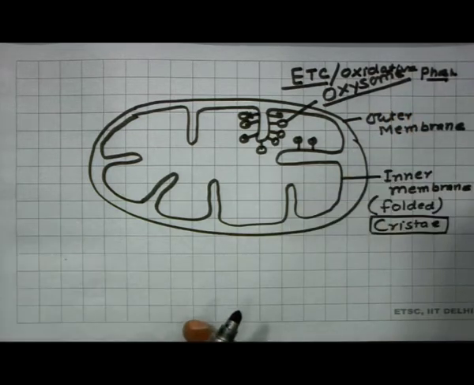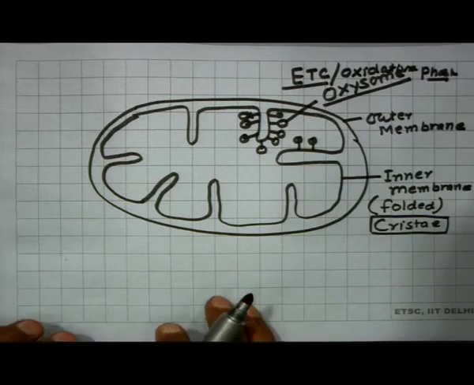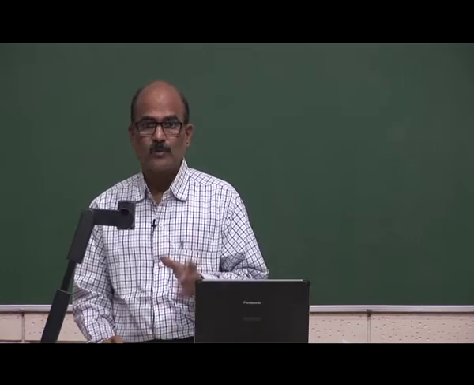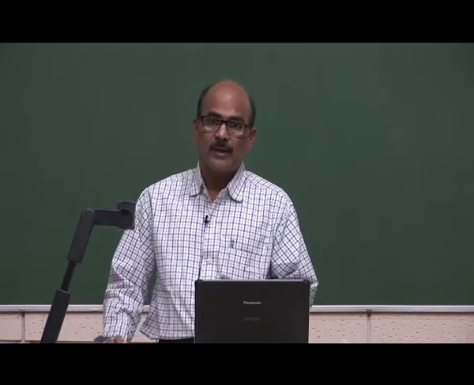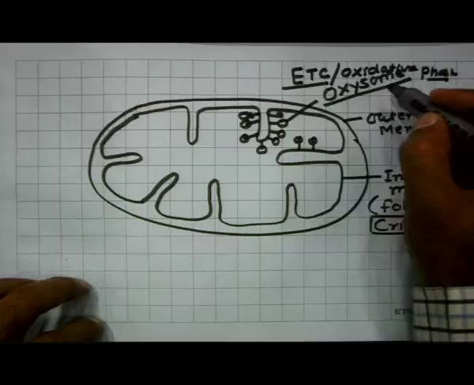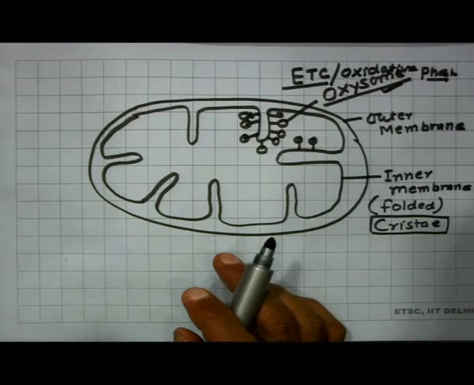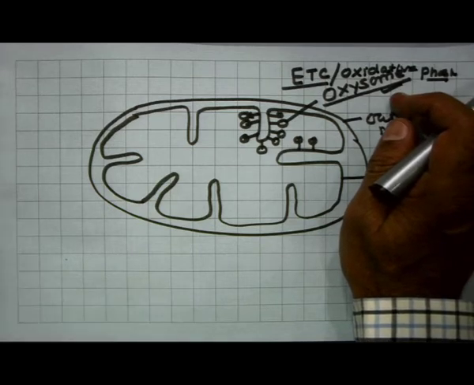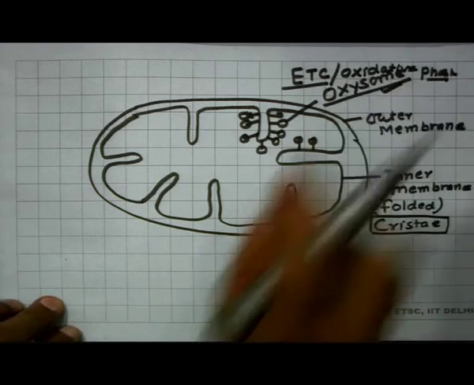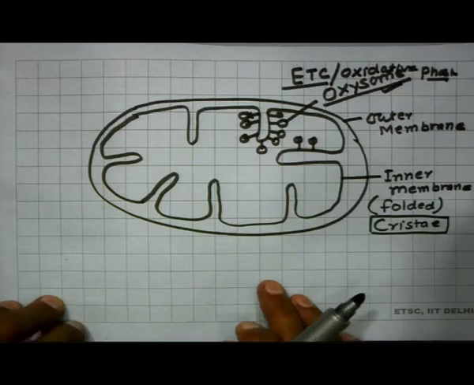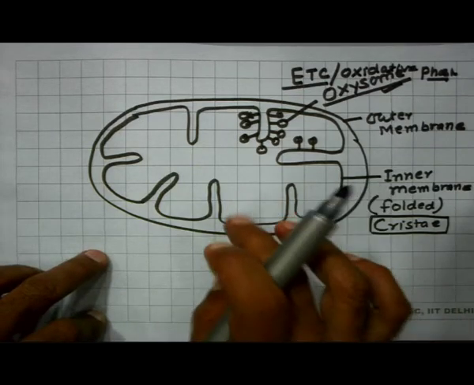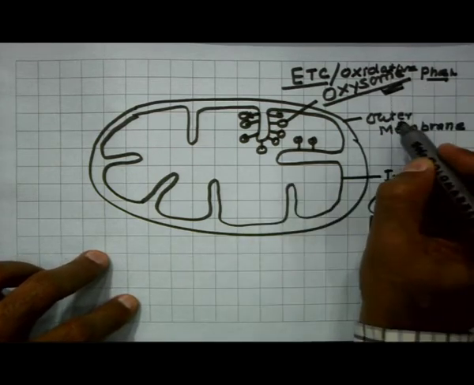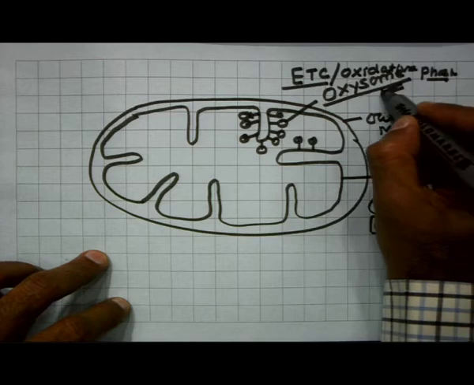I have already discussed this in the previous class on photosynthesis. There are three types of phosphorylation. The meaning of phosphorylation is the formation of ATP. These ATP are formed at three levels. One is called substrate level phosphorylation. In photosynthesis we have seen photophosphorylation, that is cyclic and non-cyclic phosphorylation.